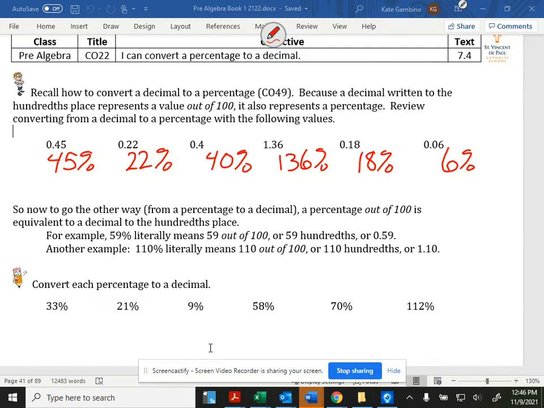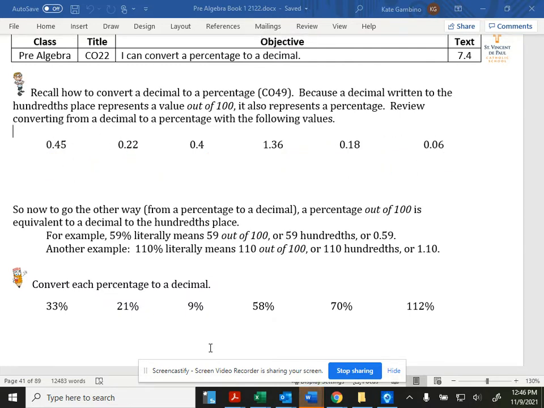Another example, 110% literally means 110 out of 100, or 110 hundredths, or 1 and 10 hundredths. So we want to work on converting each percentage to a decimal.